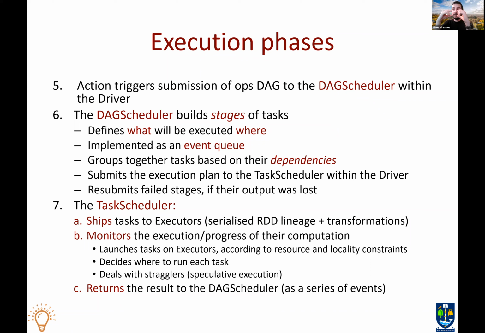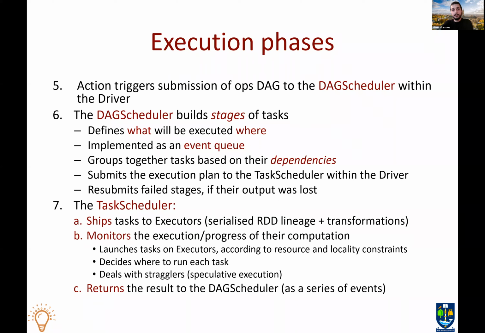Okay, so this sequence of operations, you need to serialize them. So you describe them in some form that can be sent over the network, and so you send that to the executors. Which executor do you send it to? This goes back to what we were talking about a couple of weeks ago regarding pushing the computation to the data, not the data to the computation.